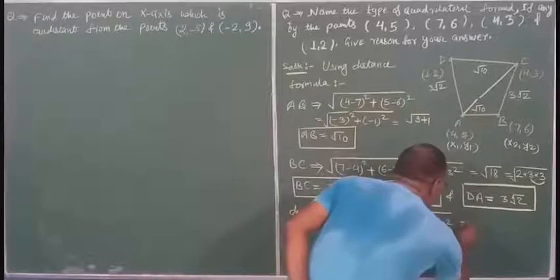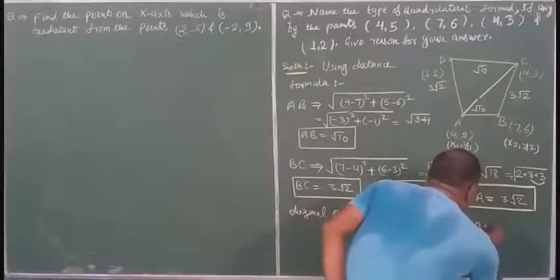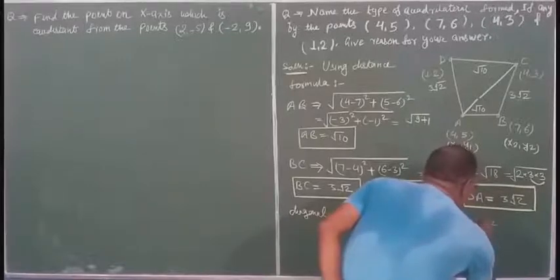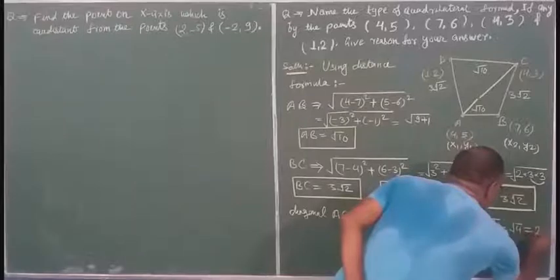So this will be 0 plus 2 square, that is under root 4, and that is 2.